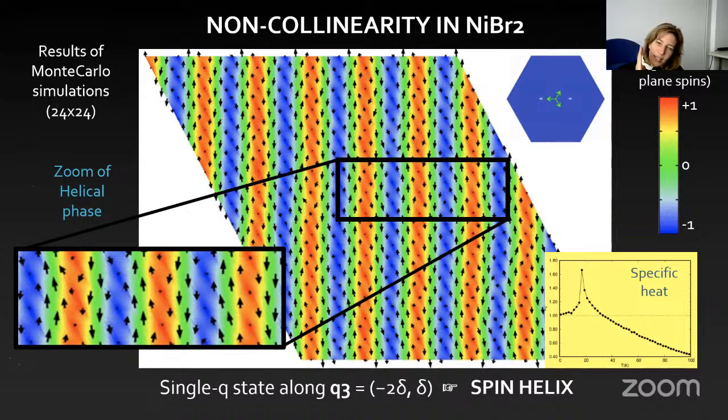And what we see here is that we have a helix. So you have a propagation direction, horizontal, and then the spins rotate in a plane which is perpendicular to the propagation vector. And this we expected. It's like a spin spiral, which we expected because we know that we have J3, which is antiferromagnetic, and J1, which is ferromagnetic.